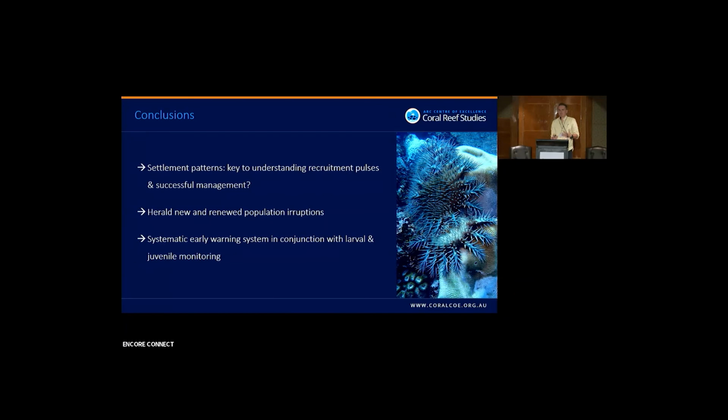This could really prove to be the difference between having to manage the manageable task of controlling small COTS densities on a handful of reefs in one region compared to the rather tricky task of population control across an entire region or multiple regions with high adult densities on pretty much all the reefs.